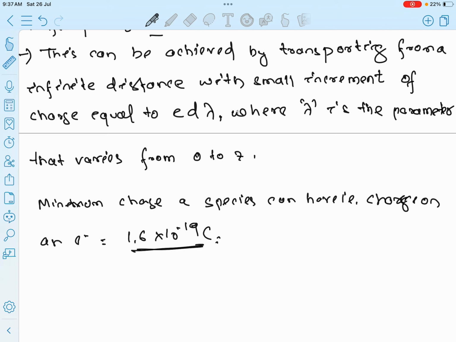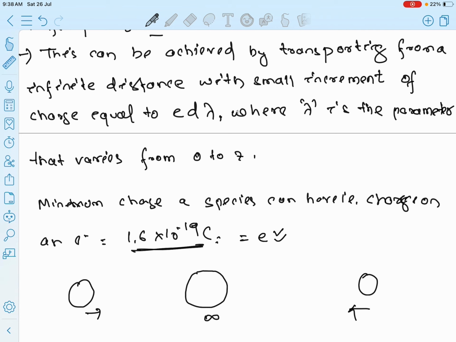This is the minimum charge that a charged particle can have, and that is equivalent to E, which we have represented now. So now when the charged particles approach each other, slowly the activated complex will form.